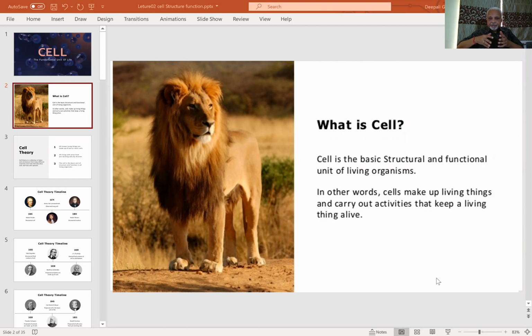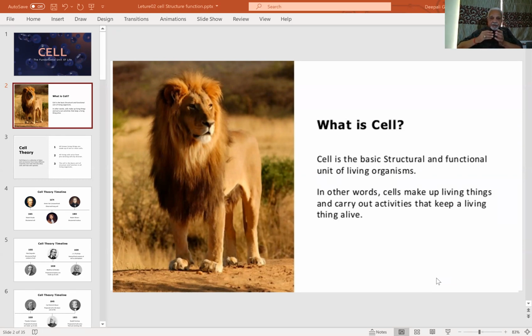But all of them are made up of a unit we call the cell. So the cell is the basis of life of all living organisms. Whether it is a unicellular organism or a multicellular, multi-organ organism, the cell remains the basis, or unit, of life.